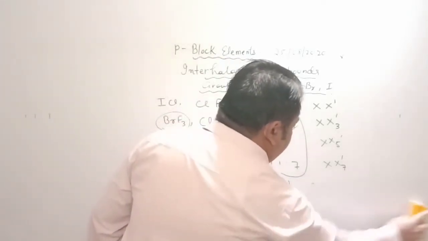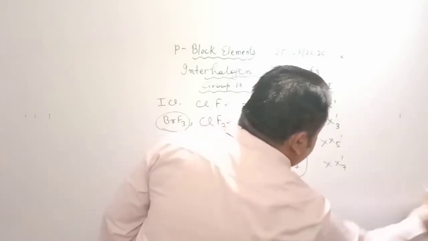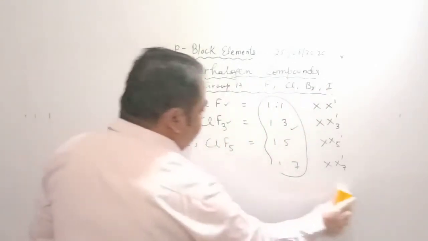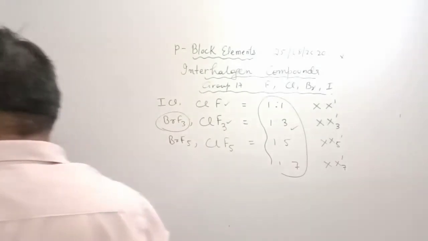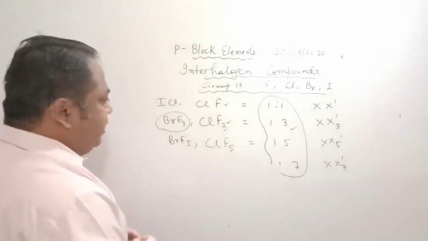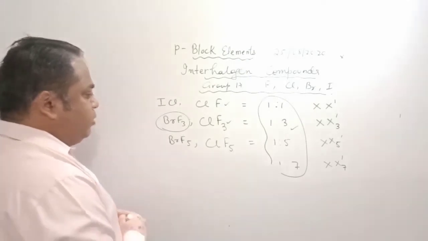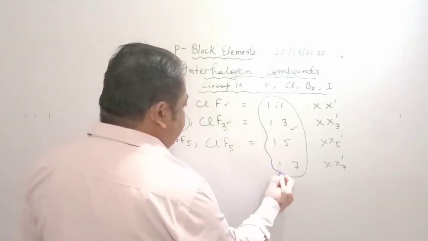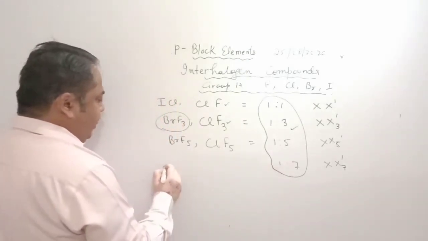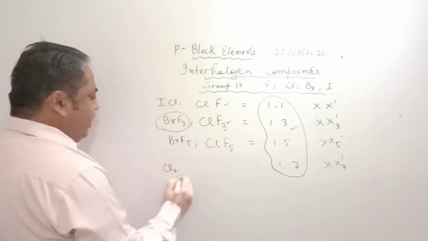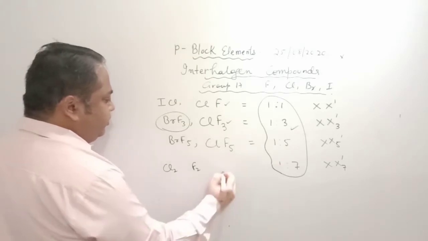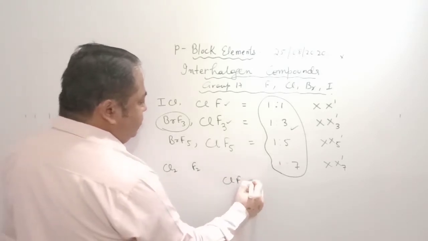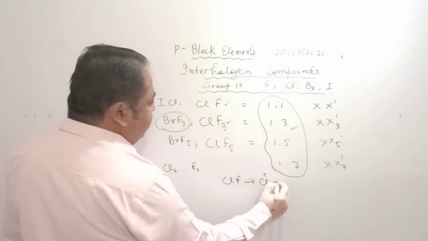Interhalogen compounds are more reactive than their corresponding elements, like more than chlorine and more than fluorine. ClF will be more reactive because an electronegative element is existing as an electropositive element, so it will have a high tendency to gain electron. Okay, like Cl2 will be less reactive, F2 will be less reactive as compared to ClF, because when it breaks it forms Cl plus and F minus.